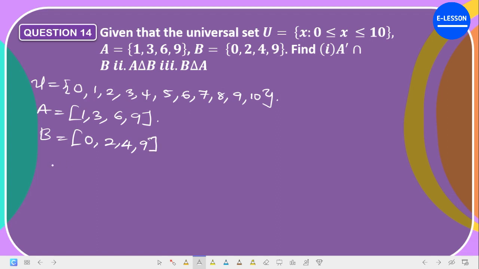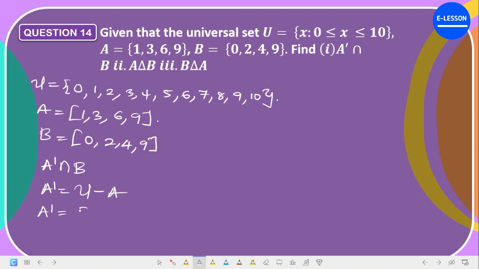The question says find A prime intersection B. Now what is A prime? A prime means the universal set minus A. So we are now going to write it out.